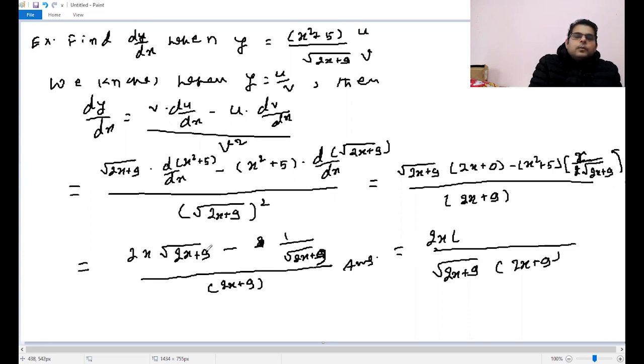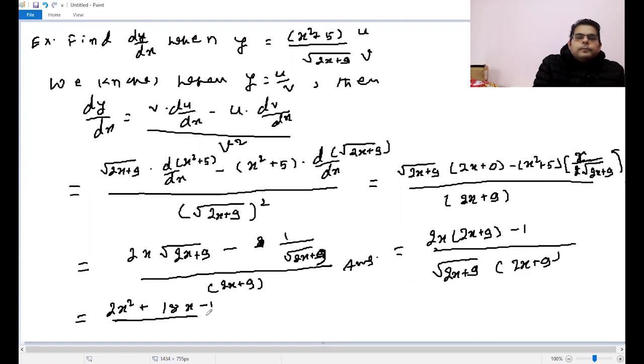Then a square and a square root will cancel out, so it's going to be 2x plus 9. And then it is only here minus 1. And now, if you like, you can break the bracket. So it is going to be 2x squared plus 2 times 9 is 18x, and then minus 1. Okay, it's becoming simplified form.